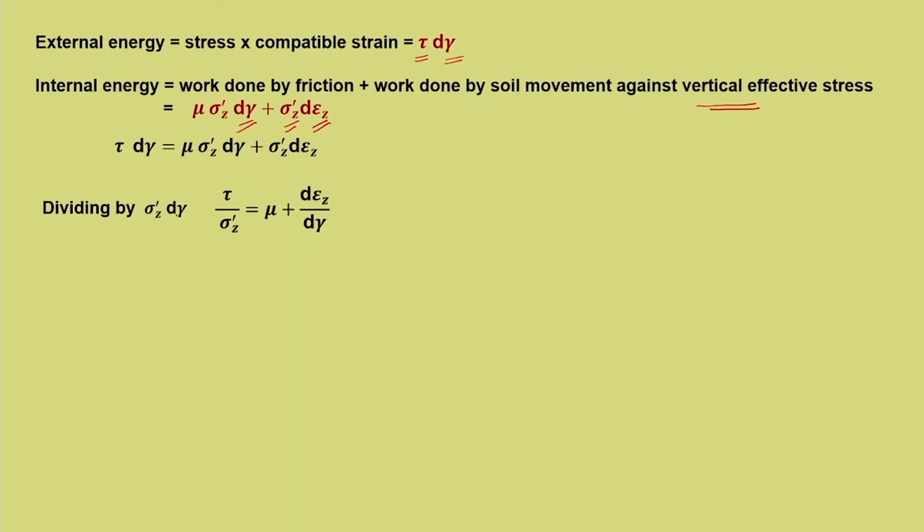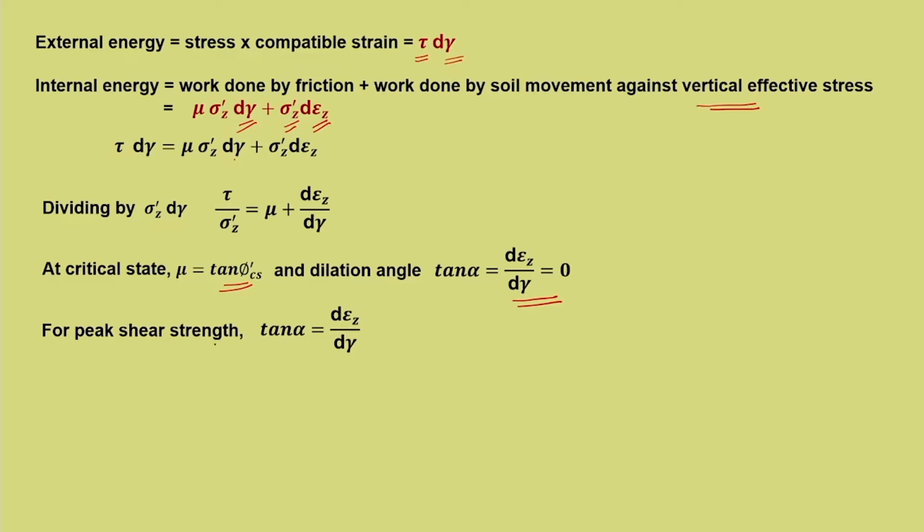Now, dividing by sigma dash z d gamma, we will get tau by sigma dash z is equal to mu plus d epsilon z by d gamma or shear strain. Now, we know that at critical state mu becomes equal to tan phi dash Cs, that is there is no dilation, whole of the sliding friction component is associated with the critical state friction angle, and dilation angle tan alpha is equal to 0.